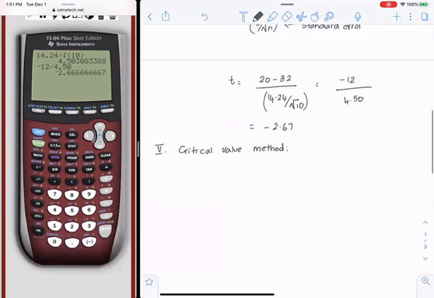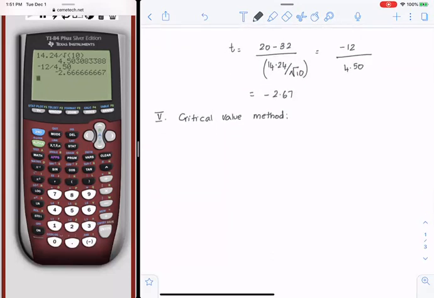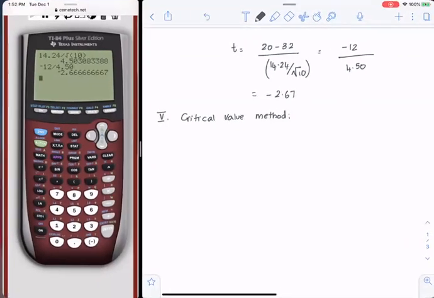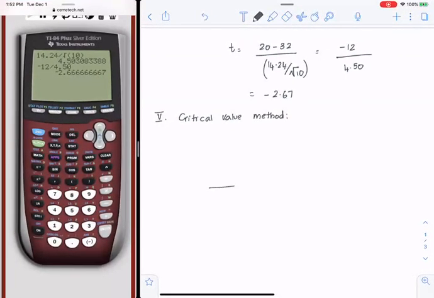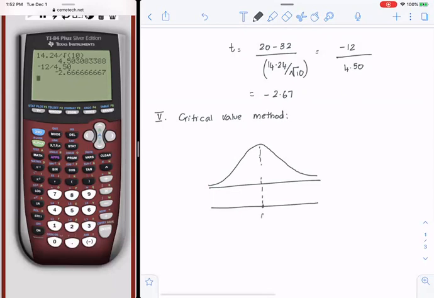But for a two-tailed test, we would have the rejection region on both sides. Zero would be right in the middle.